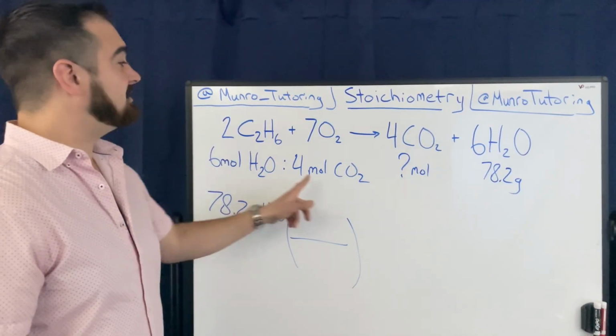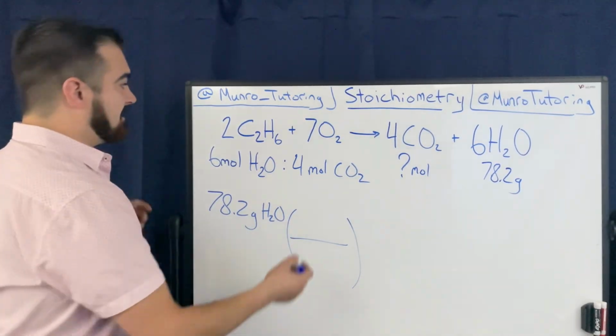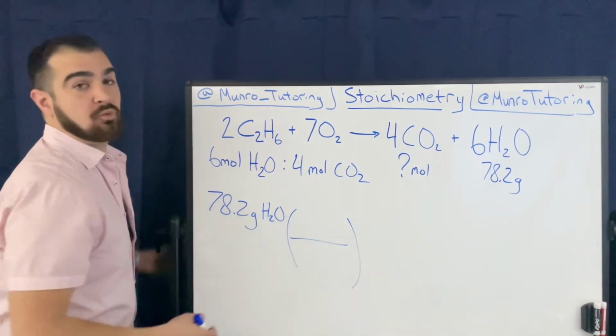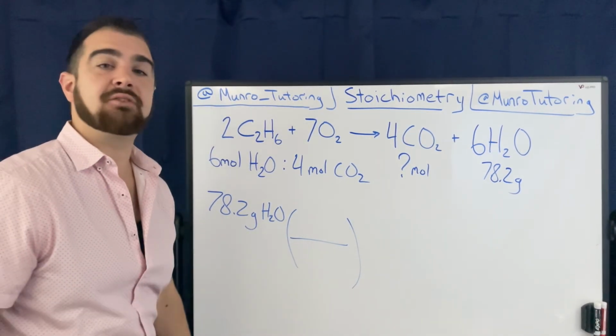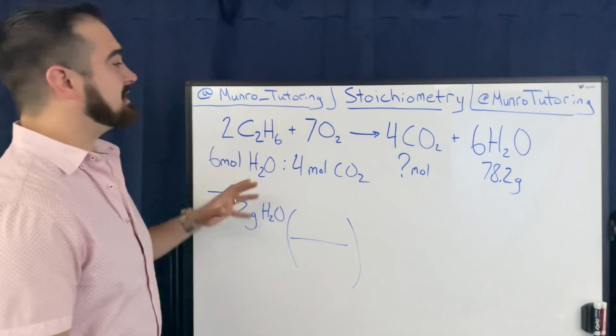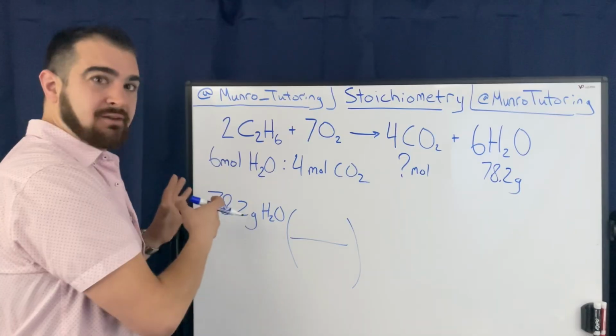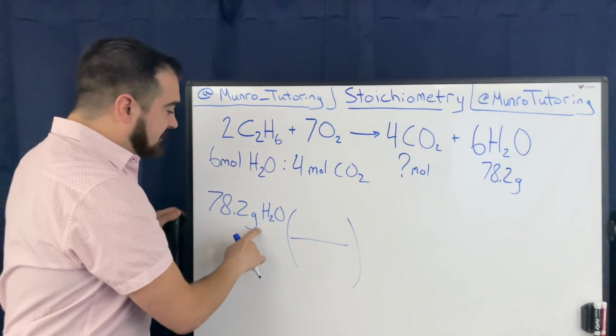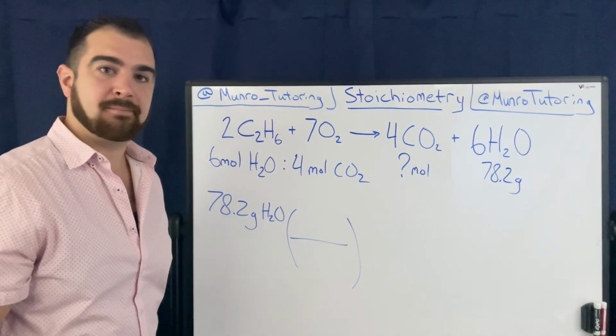So I can't use this yet. Because if I put 4 moles of CO2 and 6 moles of water, grams of water do not cancel. So in other words, we're not ready for this yet. We know we're going to have to use it at some point because we're trying to go from information of one compound to information about another compound. This will come into play, but these units don't cancel, so we're not ready.